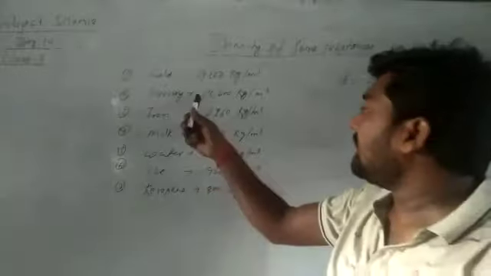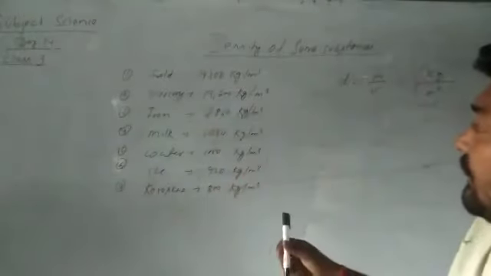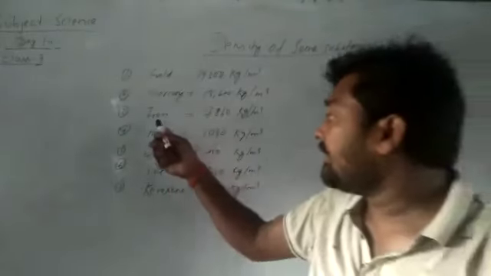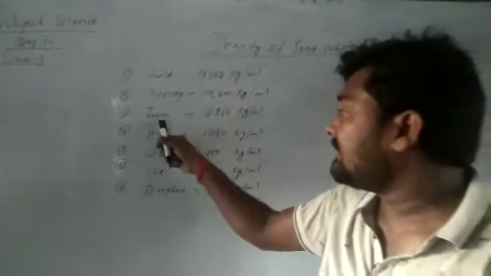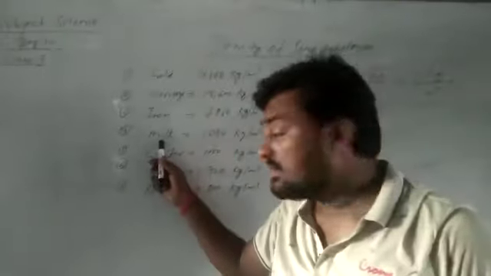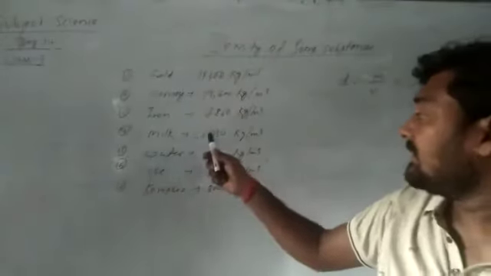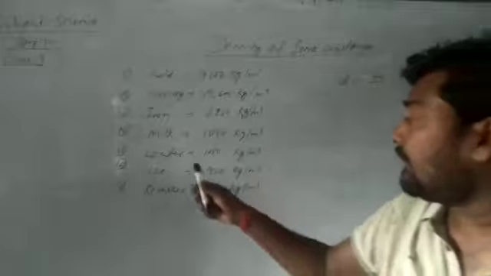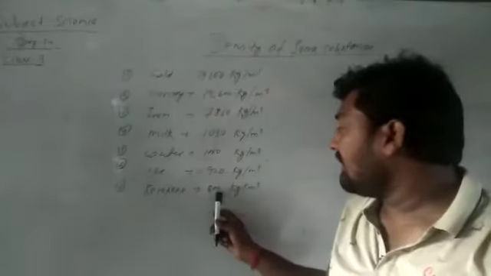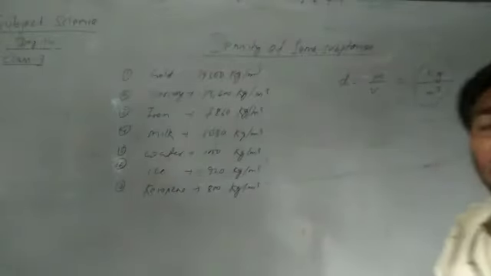Mercury is 14,600 kg per meter cube. Iron, which you should learn because it is in your home too, is 7,860 kg per meter cube. Milk is 1,030. Water is 1,000, ice 920, and kerosene 800. You have to learn all these density values.